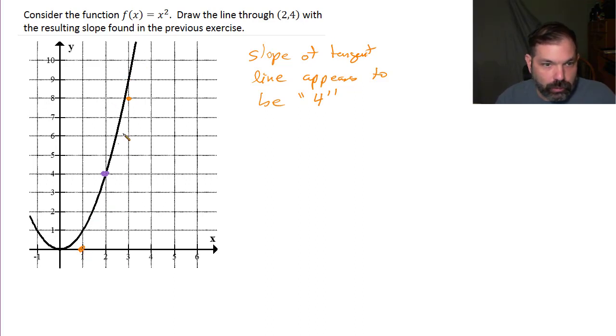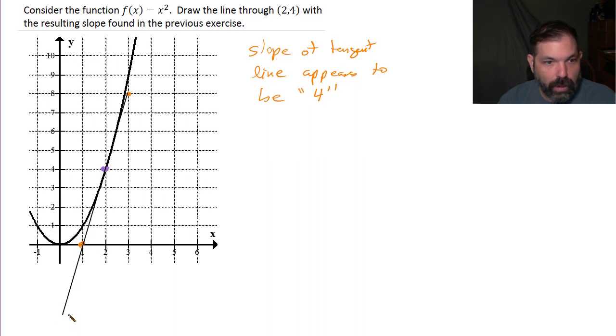And so if I try and draw this line, drawing lines is never easy with the tool that I have. So there's a line, poorly drawn, that appears to hit the curve at 2, 4, but just at that point. This is a tangent line.